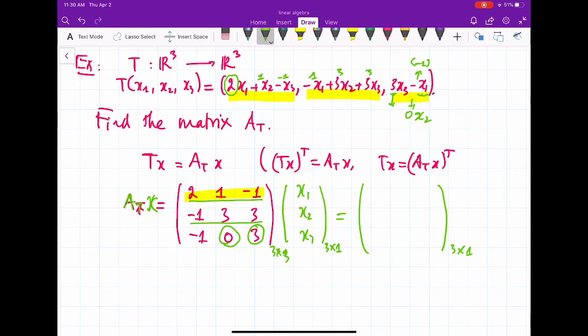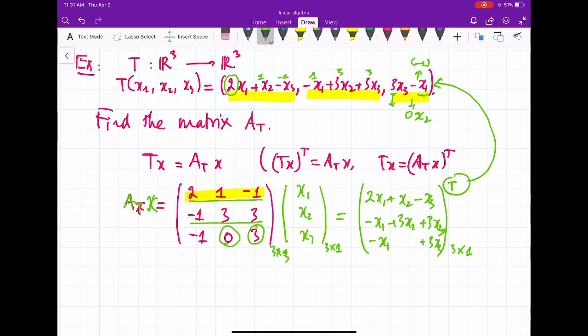When you multiply them, you have 2x1 + x2 - x3, and then -x1 + 3x2 + 3x3, and -x1 + 3x3. So if you take the transpose of this, you get exactly what we have in here.